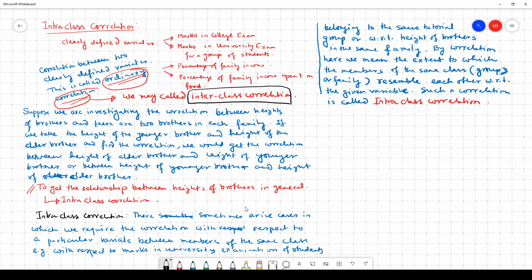Okay, so now we start with our problem. Suppose xij denotes the variate value for the jth member of the ith family.